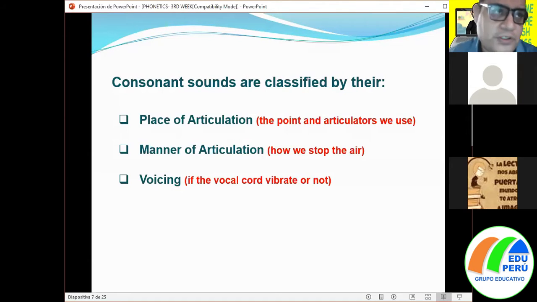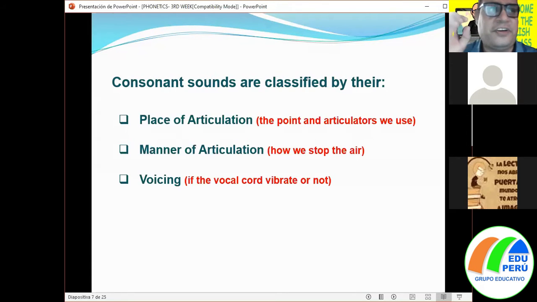We have many points, many places of articulation. The second one is the manner of articulation: how. How we stop the airflow, the airstream.